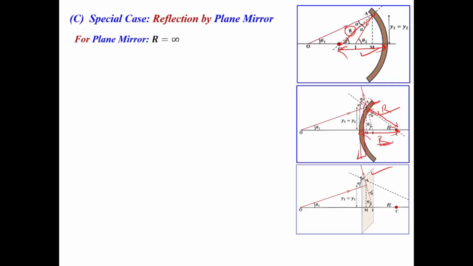What will the radius be? The length of the radius will be infinite. If we consider a plane mirror instead of convex or concave, the radius of curvature will be infinite, so r will be infinite.